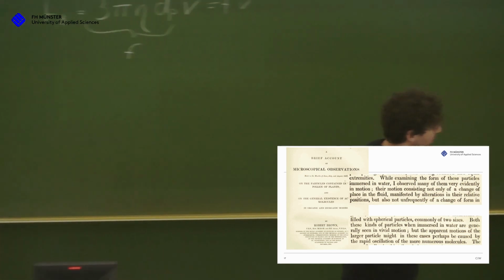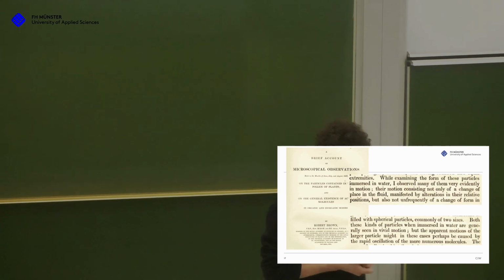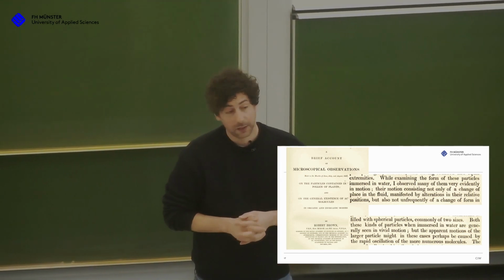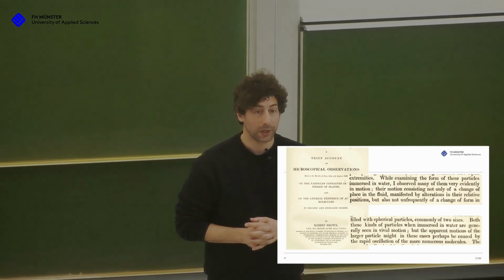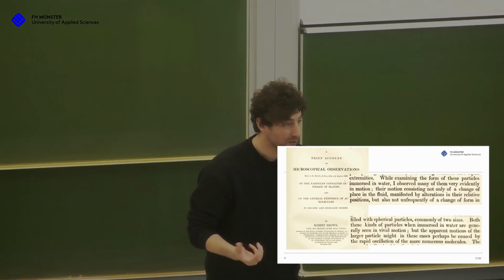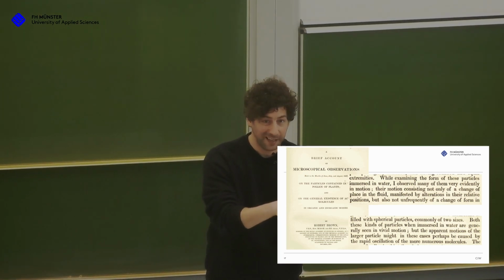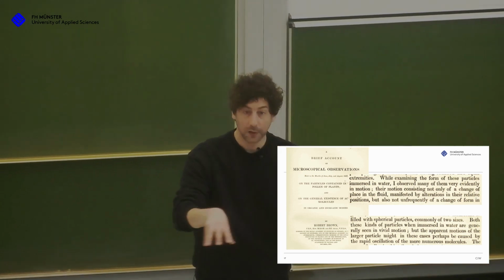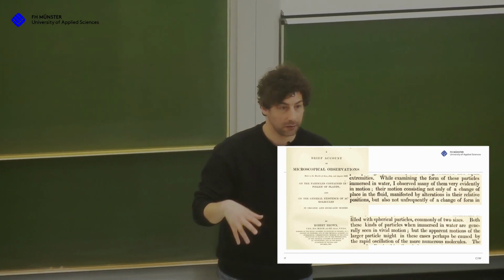But Robert Brown was a quite tricky guy, and he kind of worked with these two questions. The first one is he was also looking at dust. Dust is not alive, so he said, okay, but it moves in the same way, so it doesn't matter if what I'm looking at is alive or not, it moves in the same way. I see these kind of movements.